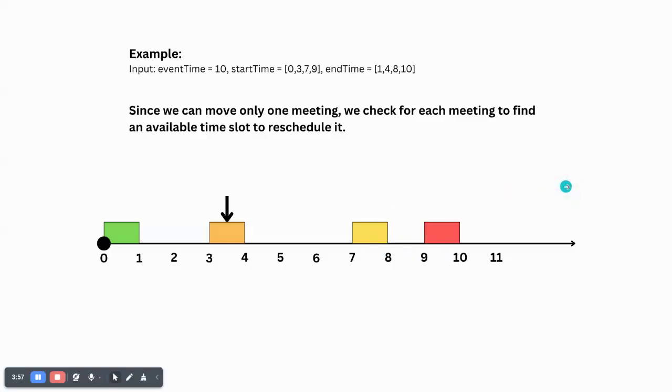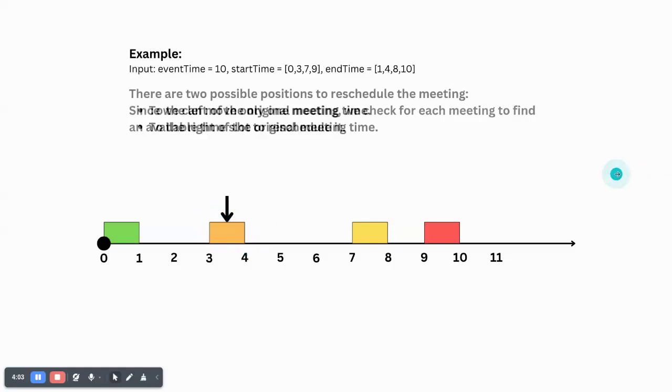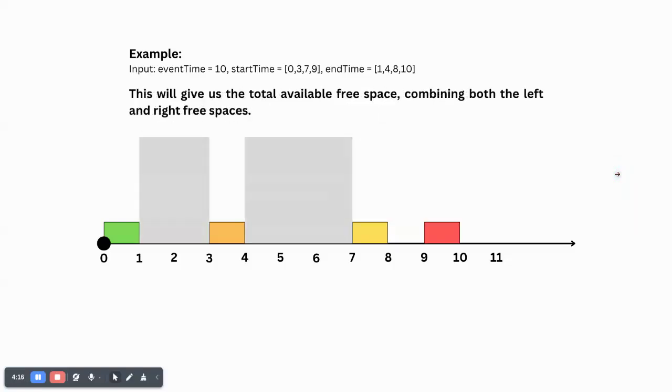Let's see that with the second meeting. We can bring it to the left or bring it to the right. Those are the possible places we can place this meeting, but the order doesn't matter, right?